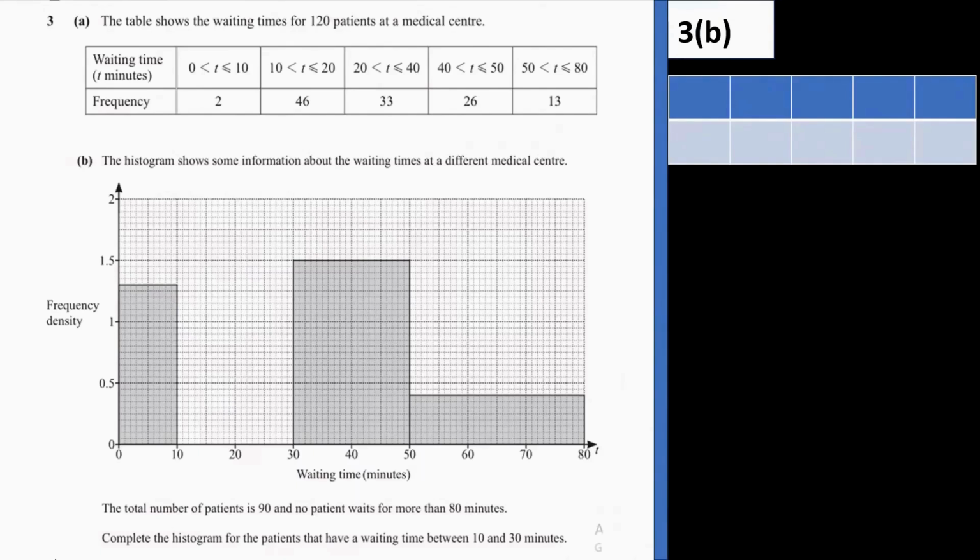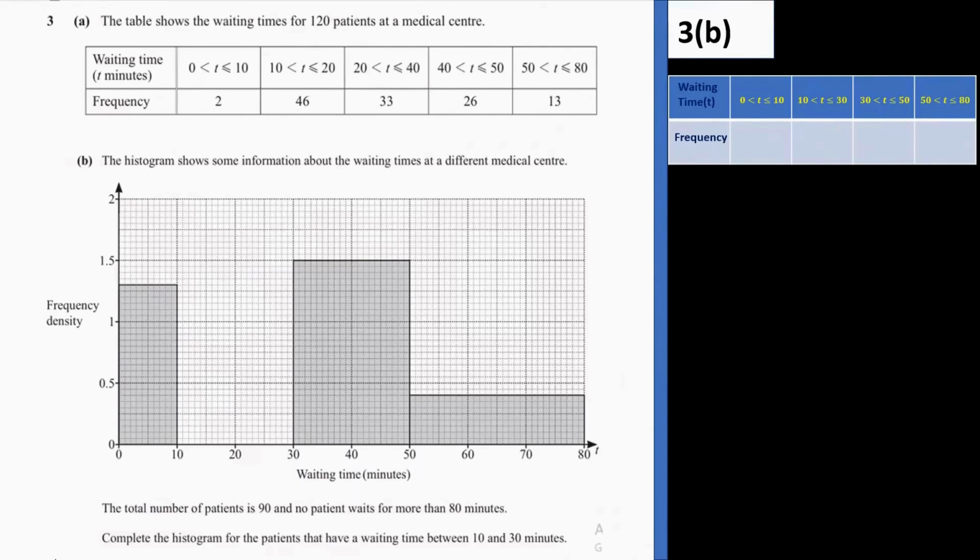We have the waiting time and the frequency. The waiting times are 0 to 10 for the first, 10 to 30 for the missing histogram, then the third one is 30 to 50, and the last interval is 50 to 80.